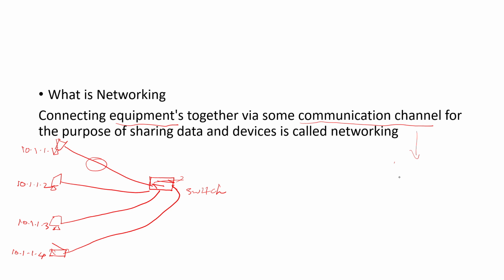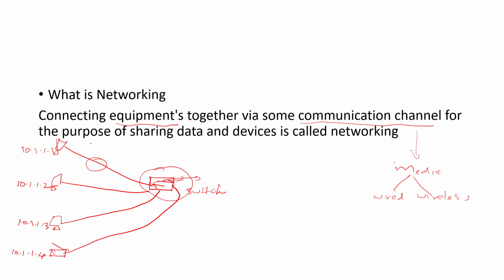Media can be wired or it can be wireless. Here in this diagram we use a wired media. And see, this one is also a channel, a networking device. It's called a switch, to connect these devices together.